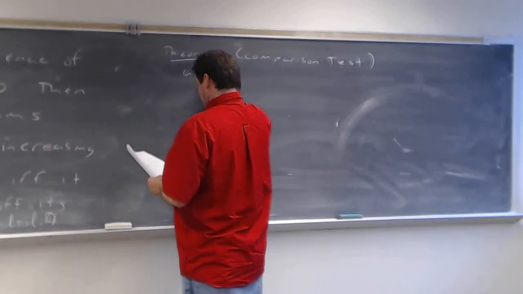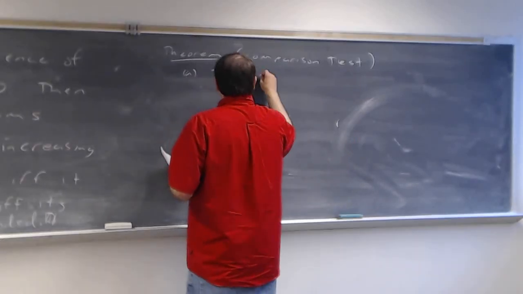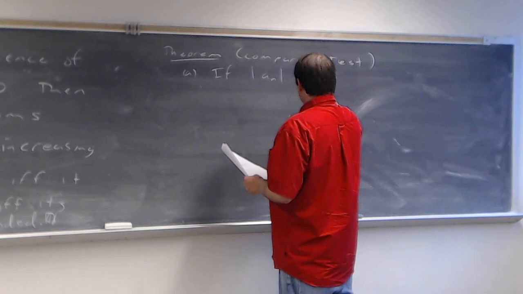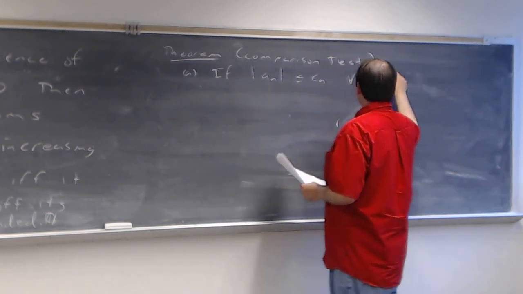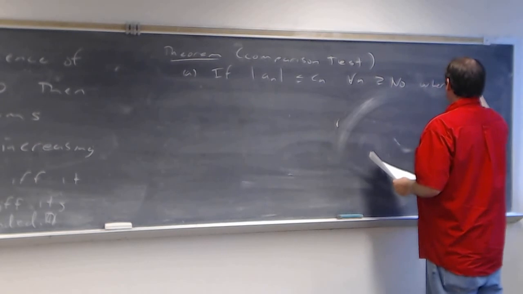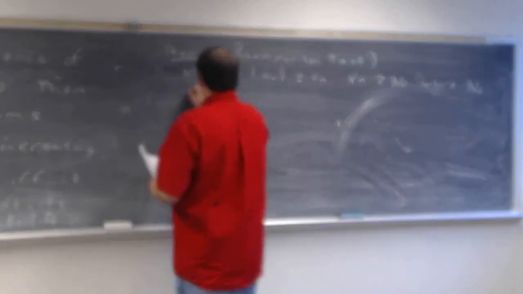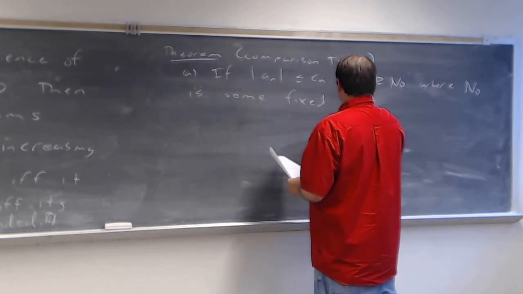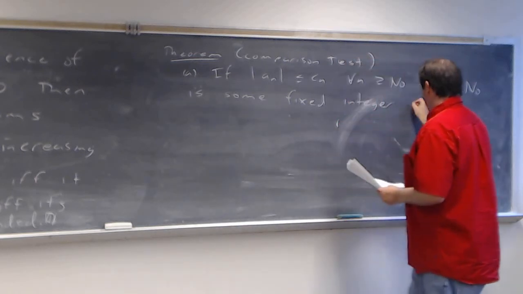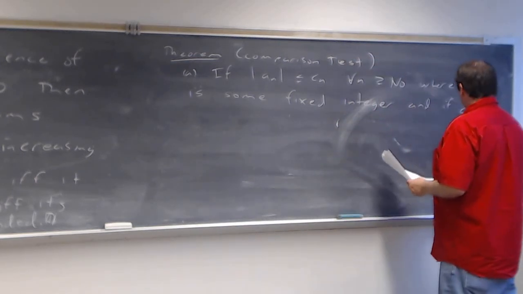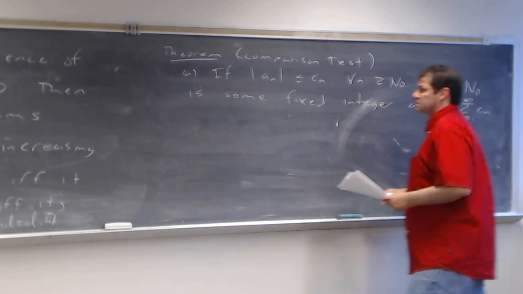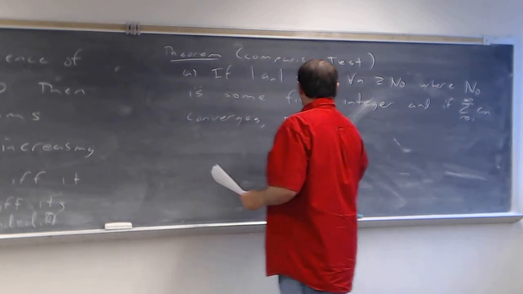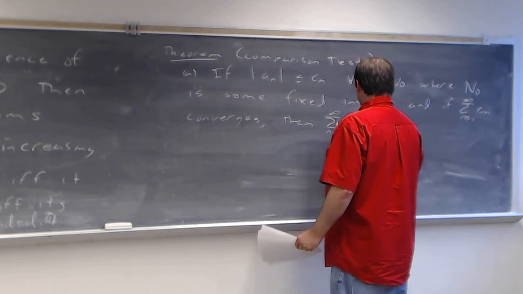So part A, it says if the absolute value of a sub n, which will be terms of the sequence that we're adding up, is less than or equal to c sub n, and that's true for all n bigger than or equal to some n sub naught, where n sub naught is some fixed integer, and if the sum as n runs from 1 to infinity of the c sub n's converges, then the sum as n runs from 1 to infinity of the a sub n converges.